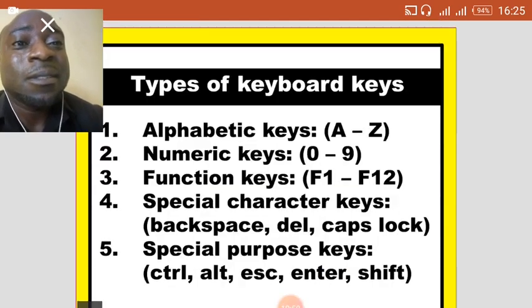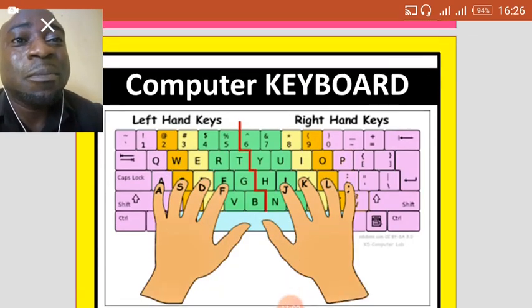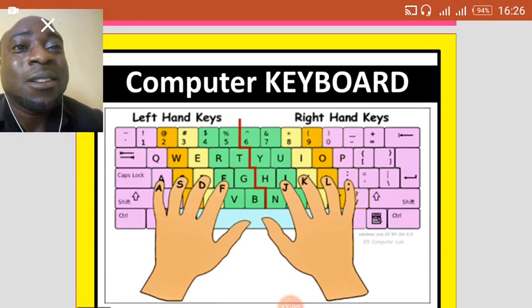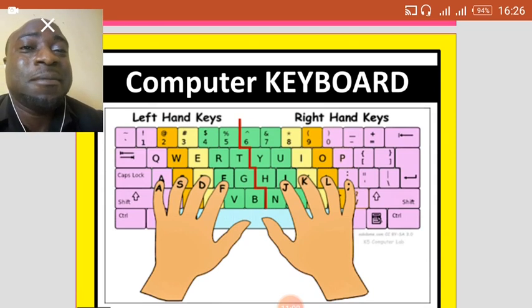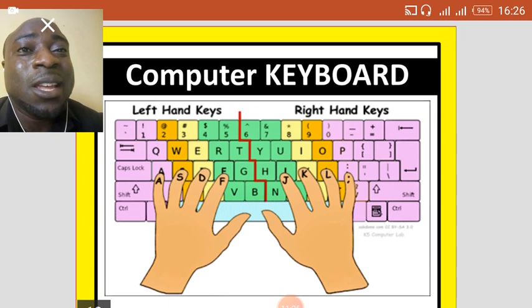For us to position our fingers, we place the left hand fingers on ASDF, while the right hand fingers go on JKL and semicolon. Then our two thumbs will be on the space bar, because that's the longest key on the keyboard. We use it to create a gap in between text, and that is why they make it long, so that we can put our thumb there. You can use either thumb to create a gap between your text.